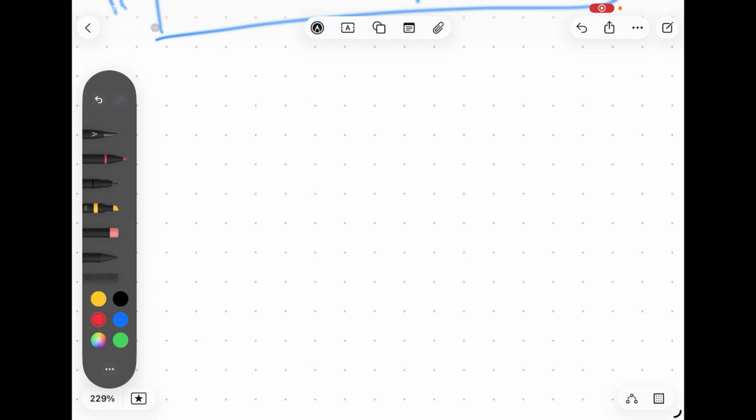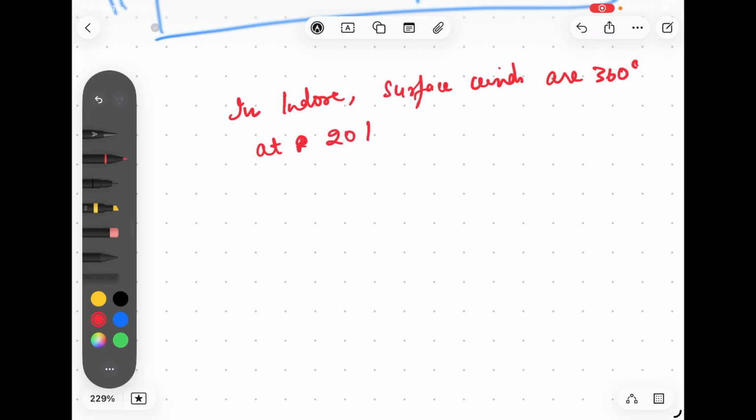Okay, so the numerical is that, for example, in Indore, surface winds are 360 degrees, coming at 20 knots.